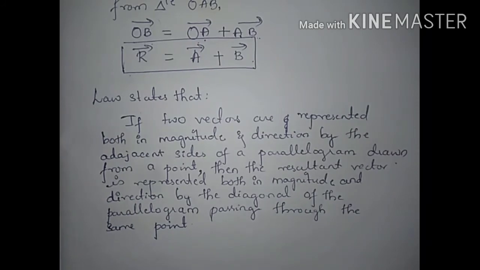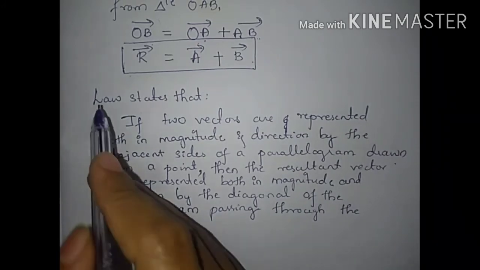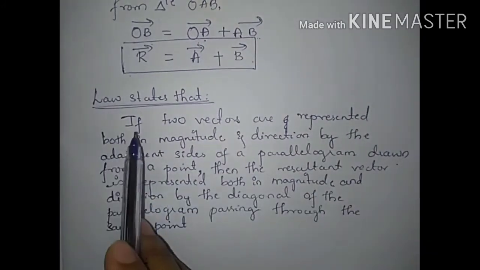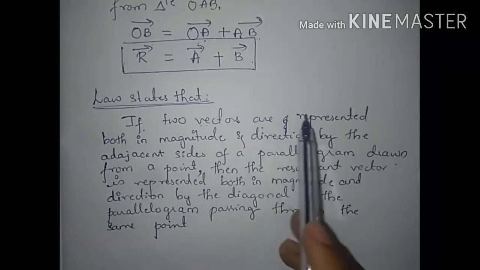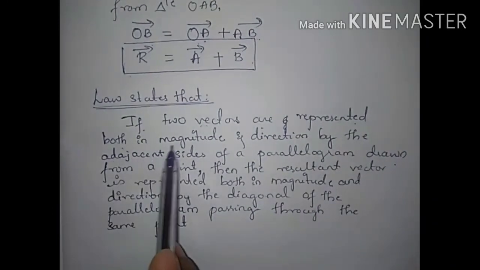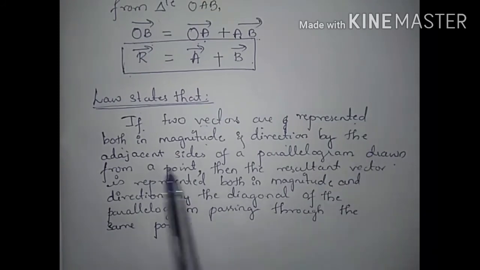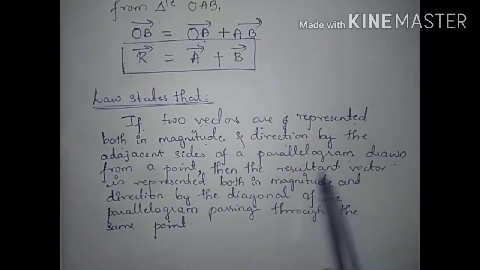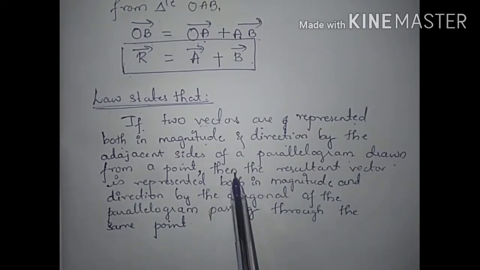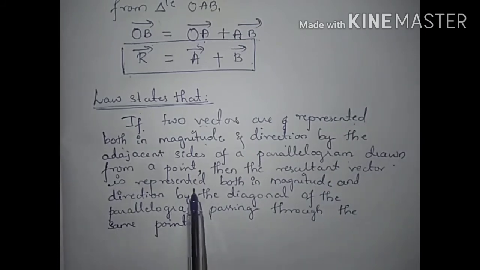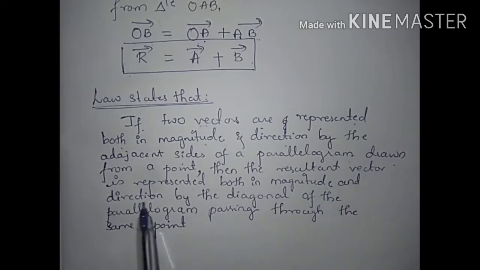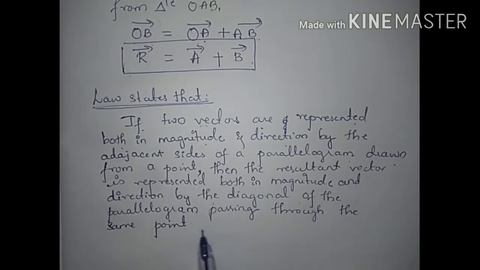So this law says, if you have two vectors which are represented both in magnitude and direction by the adjacent sides of the parallelogram drawn from a point, then the resultant vector is represented both in magnitude and direction by the diagonal of the parallelogram passing through the same point.